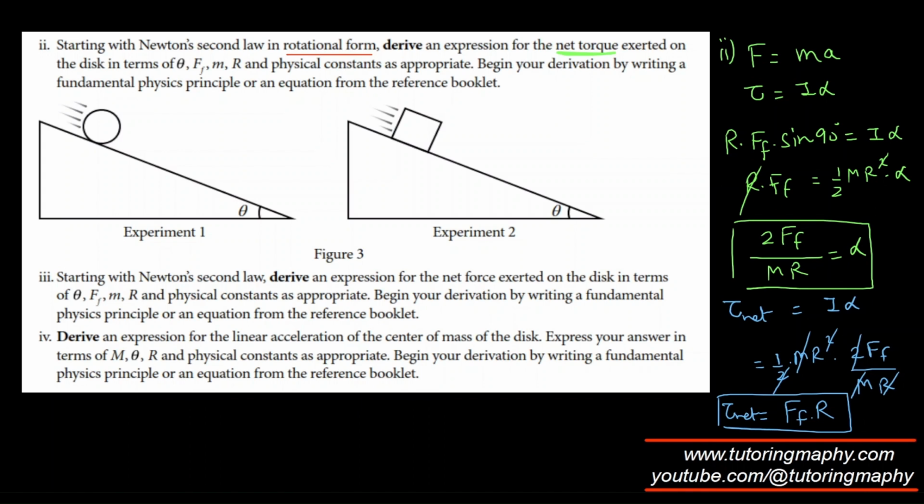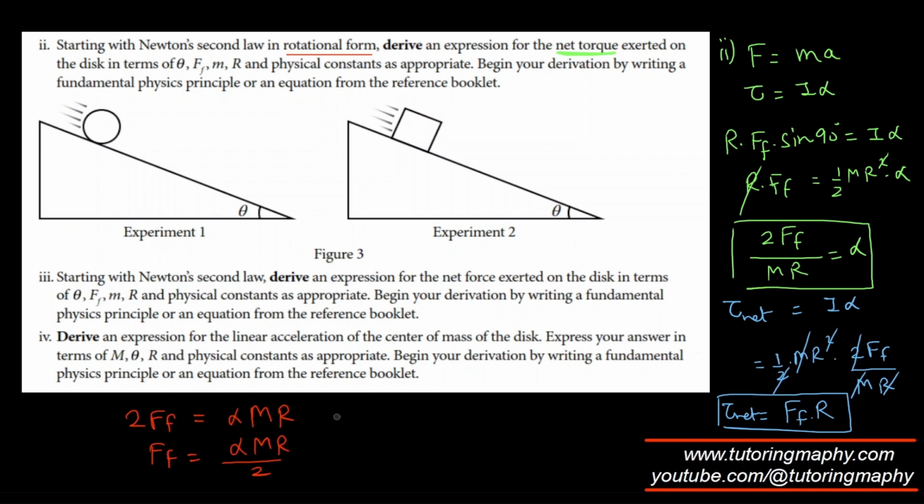So from here, if we decorate this a little bit, 2 times FF, multiplying MR both the sides, it will be alpha times M times R. So FF will be equal to alpha capital M R over 2. You might be thinking that you're eliminating FF, but you're introducing another variable alpha, which is also not allowed. That's absolutely fine.